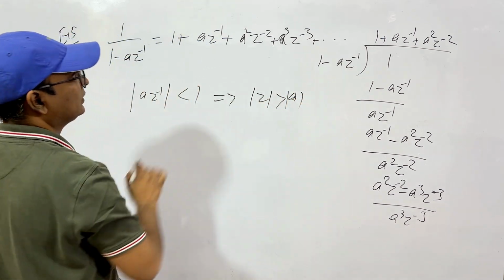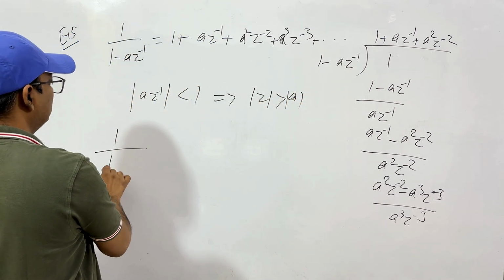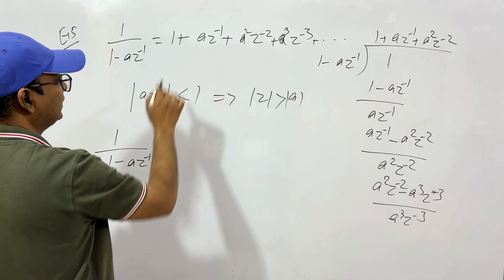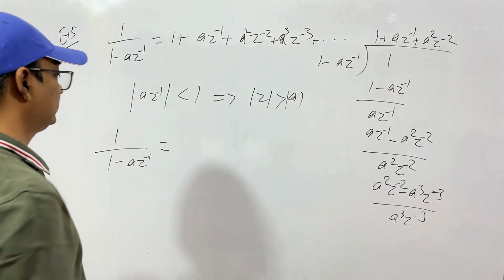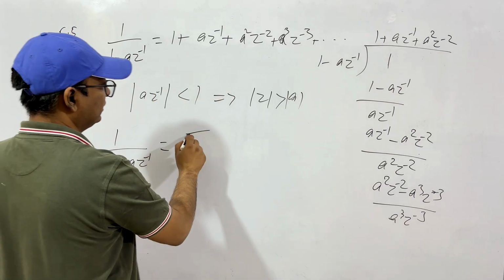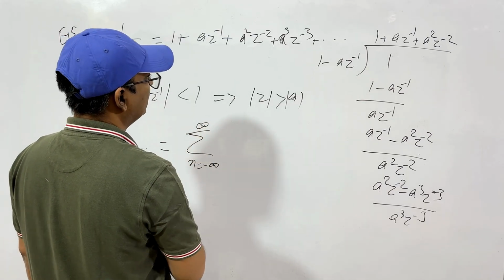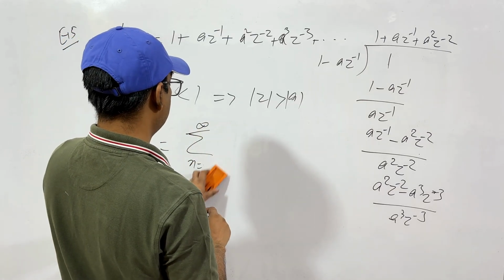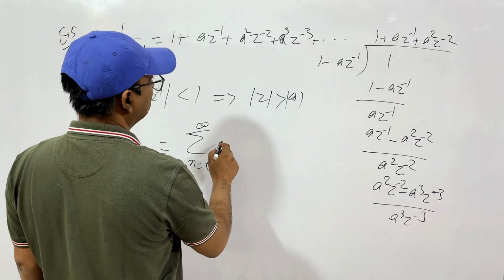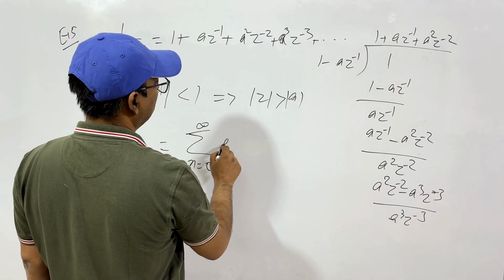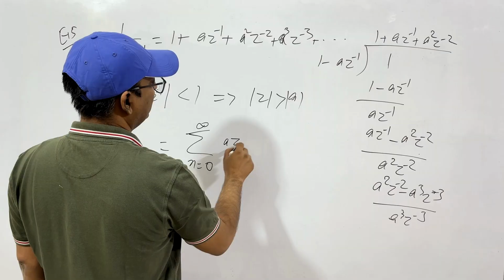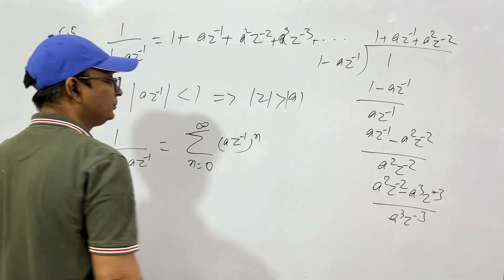In this situation, you can write this sequence in n terms, from 0 to infinity, as a z inverse to the power n.